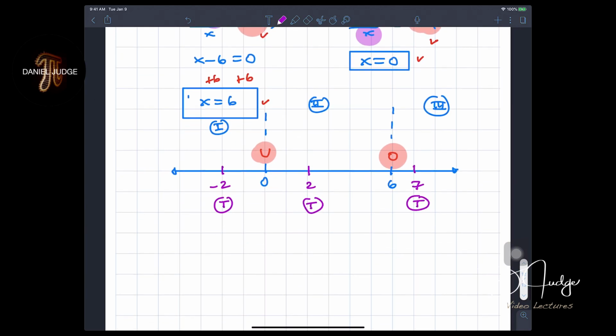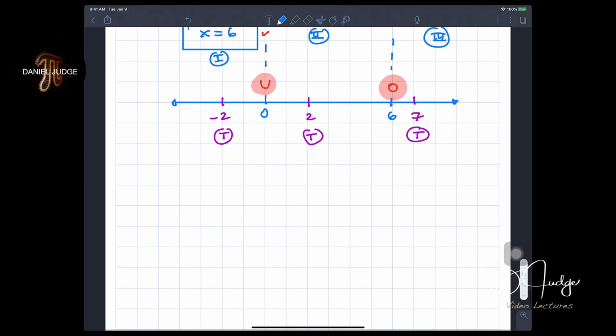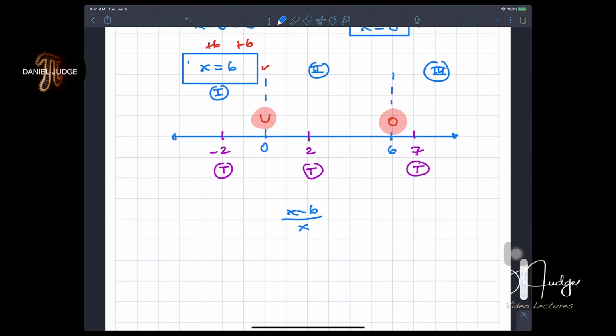So you're going to use values clearly in each region to test the region. You're testing the sign. Now, the fraction they gave you, x minus 6 over x, you're going to have to find where that fraction is positive or negative, based on the test values.